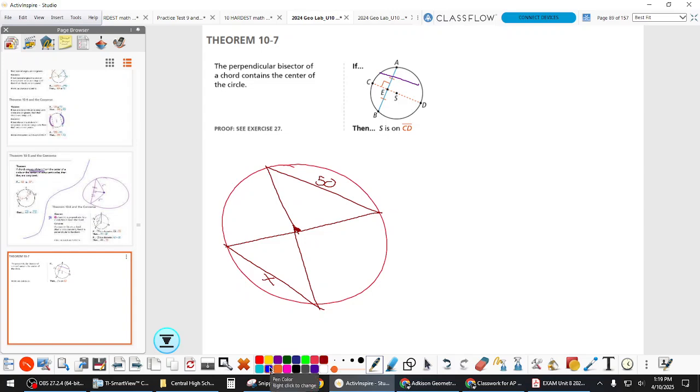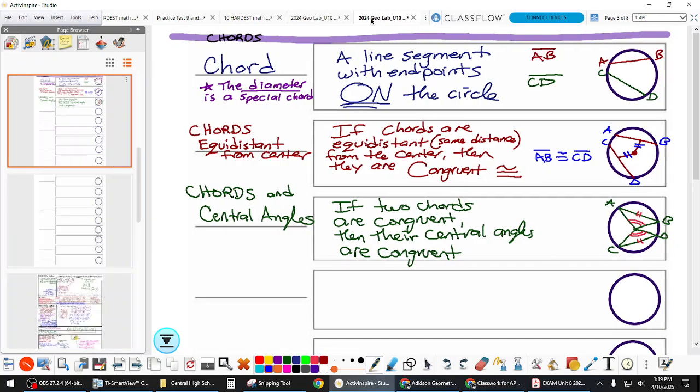How do we know though? Because there's nothing connecting that chord to that chord at this point. But remember vertical angles? Vertical angles based at the center point can translate chord values across, because chords with the same central angle are congruent, or we can say congruent chords have the same central angle. So either one. But that's a way to use that one, or at least to keep your eye out for that one. Okay? Alright, next one.